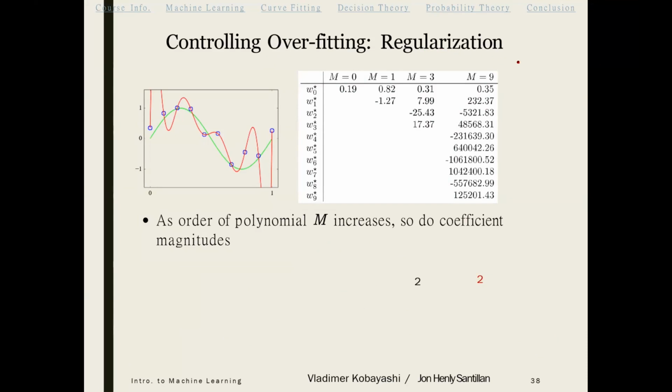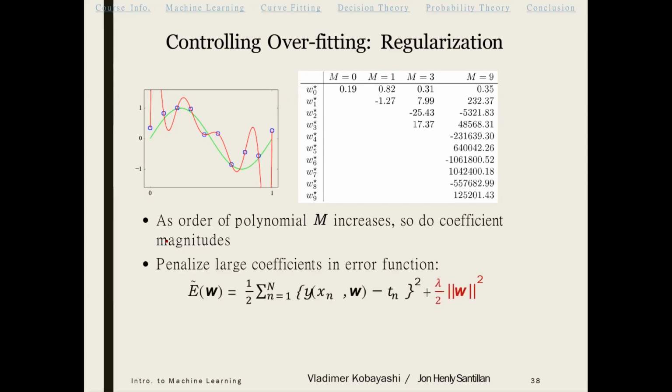Controlling overfitting, regularization. As order polynomial M increases, so do the coefficient magnitudes. Okay? And what we do, usually, one step that we can do to control overfitting is through the use of regularization. So what I mean by regularization is that, notice here that as we increase the degree of polynomial, what happens? Lumaki din ang mga coefficients. You see? Lumaki siya numerically.